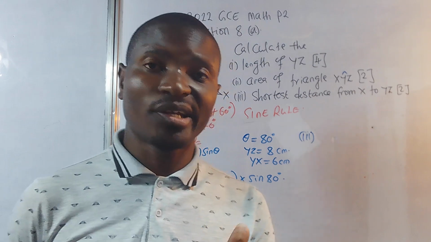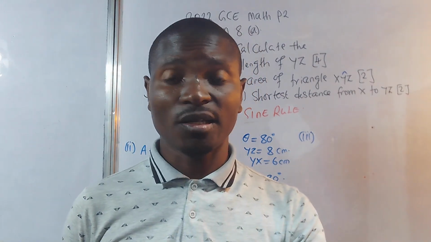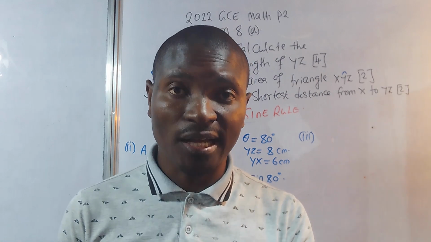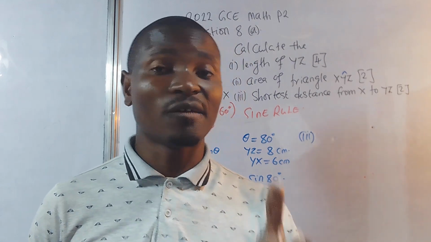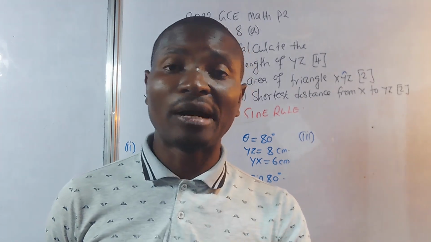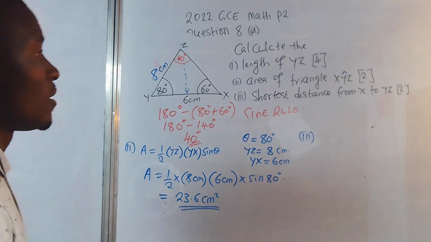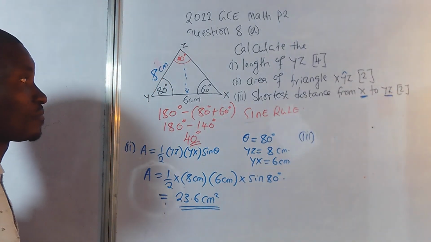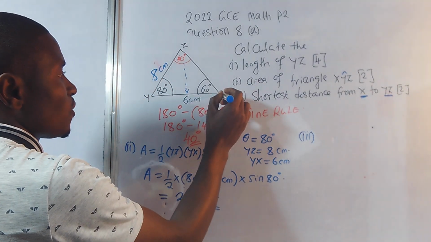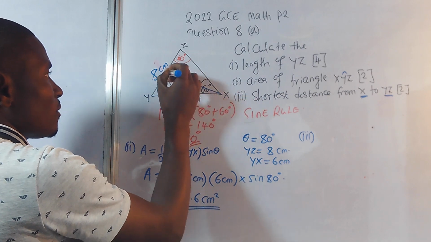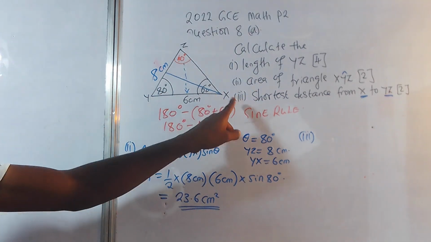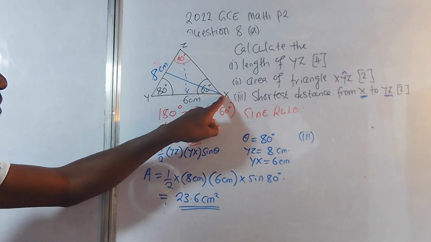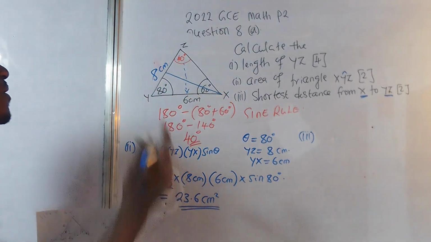The last one is talking about finding the shortest distance. This is also very important, and make sure that you understand it. What is the formula for the shortest distance, and what do they mean by shortest distance? Shortest distance from X to YZ. So from X to YZ along that, meaning that is the distance from X to that point.